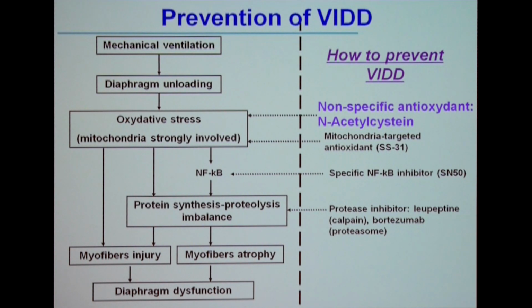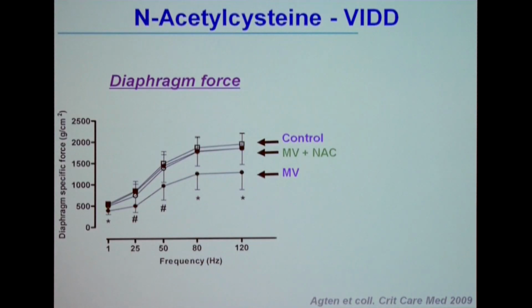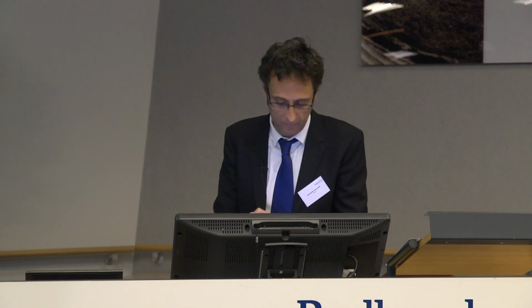And this is the typical experiment on animals. So you have the control animal, no diaphragm dysfunction. So here is the diaphragm force. In the control animal, you have no dysfunction. In the animal that is mechanically ventilated, there's a strong dysfunction. And if you give NAC to the animal, it prevents the ventilator-induced diaphragm dysfunction.